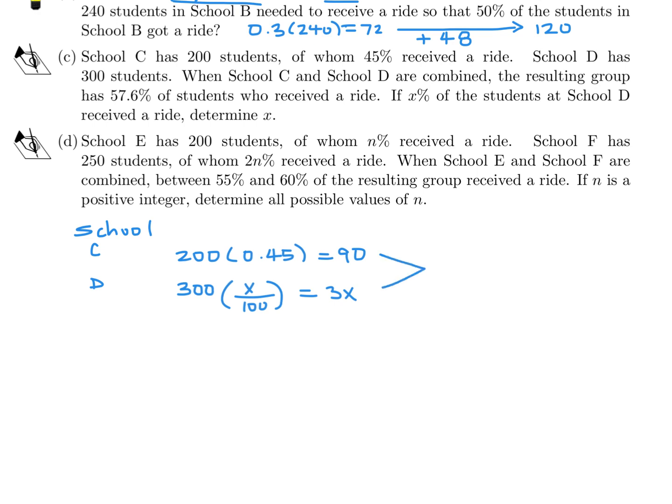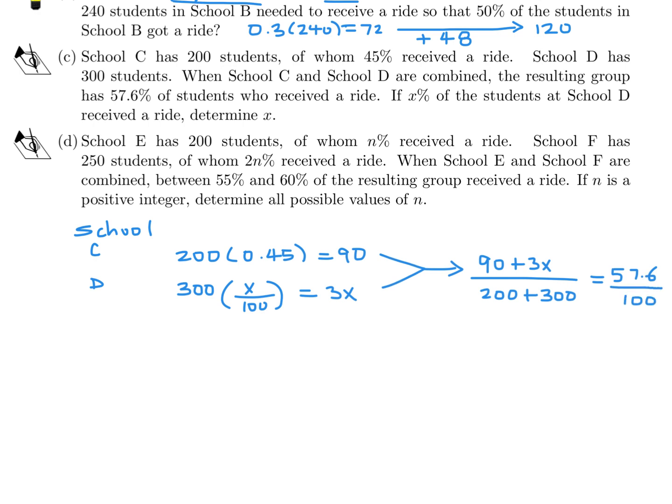Now what they're saying is they want you to combine those two, and they want the end result to be 57.6. So if you combine those two, it'd be 90 plus 3X, and then over the total, which was 200 and 300, right? 200 for school C and 300 for school D, and then that is going to be your 57.6%. So 57.6 over 100. And there you go.